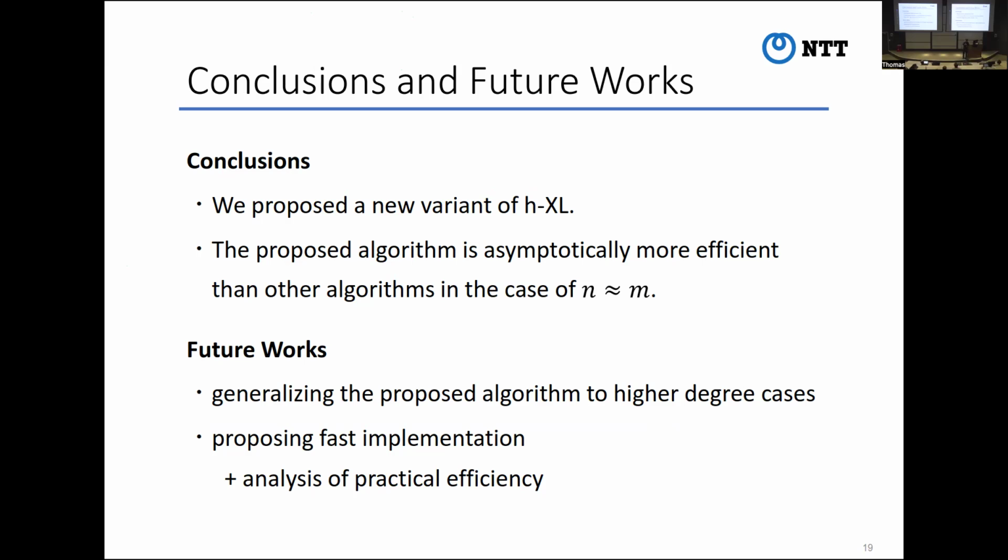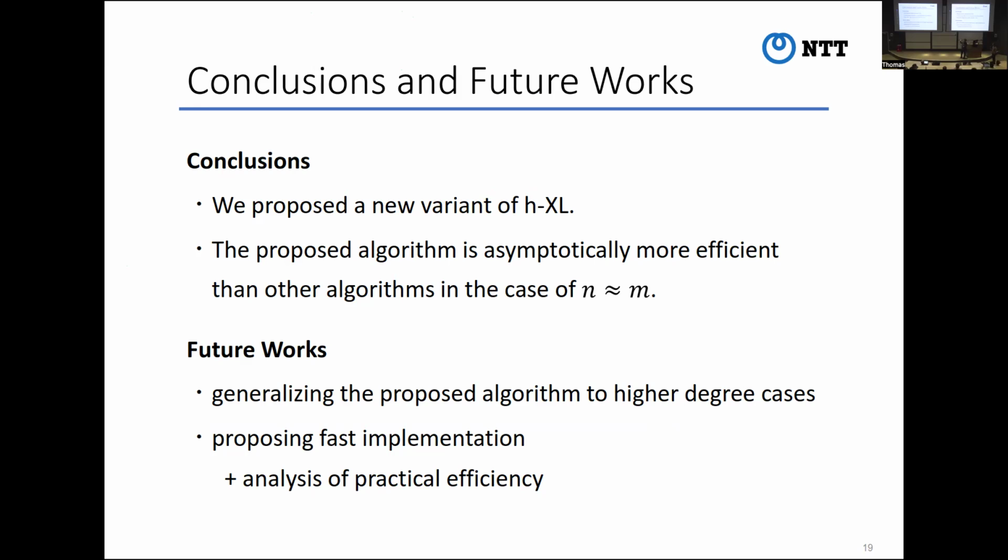Thank you for the question. For the practical situation, maybe we haven't yet realized a fast implementation, and we think it might be difficult to realize such a fast implementation because our proposed algorithm has to utilize the arithmetic over the polynomial ring.